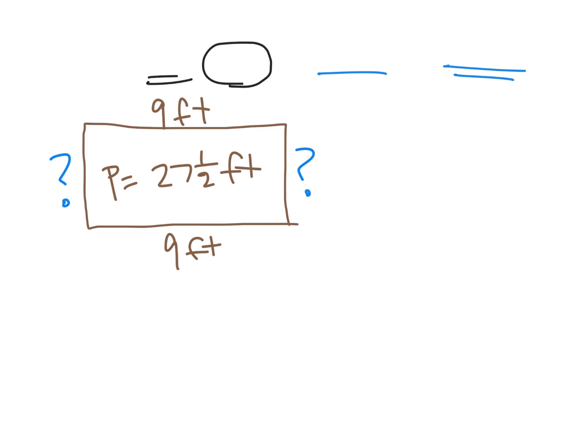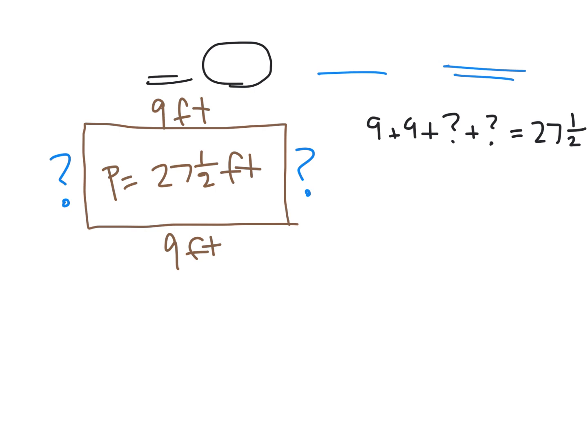So basically what we know we have is 9 plus 9 plus a question mark plus another question mark equals 27.5. And I should put in feet, but I've run out of room.